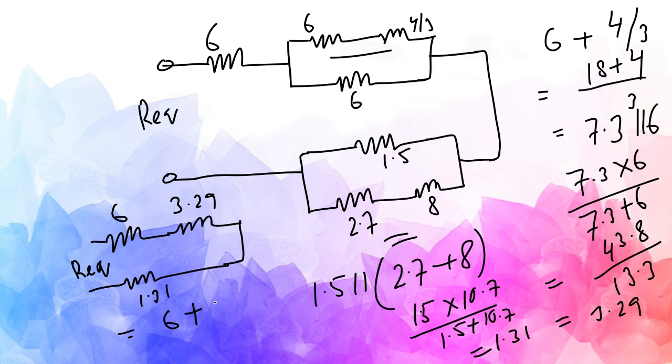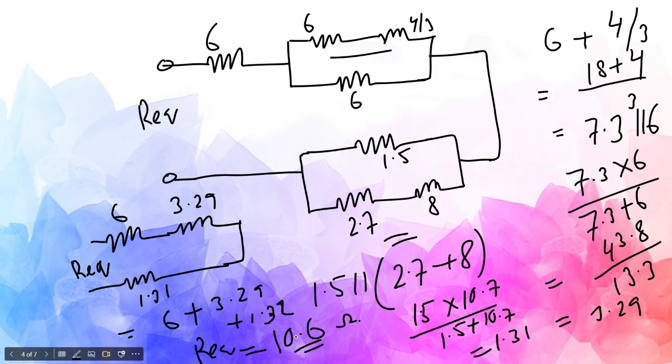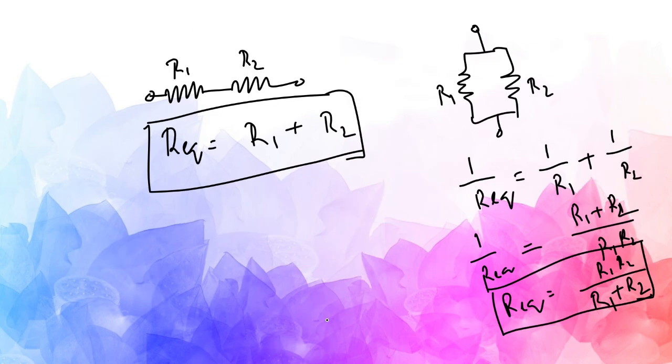It will be 6 plus 3.29 plus 1.31. So 3.29 plus 1.31 is 4.6, and this 4.6 and this 6 equal 10.6. So the final R equivalent is 10.6 ohm. So that is how you can calculate the series parallel circuit. Simplify a series parallel circuit and find the equivalent resistance. Okay.